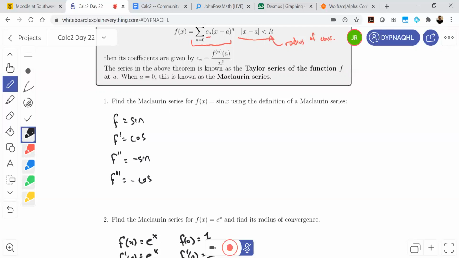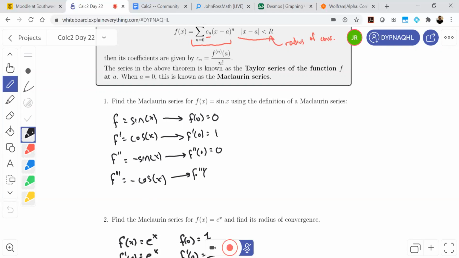And so if we're plugging in zeros for x, right, if we're creating a Maclaurin series, we're centering it at 0. And so for each of these, we would get f of 0 is sine of 0, f prime of 0 is cosine of 0, f double prime of 0 is negative sine of 0, f triple prime at 0 is negative cosine of 0.